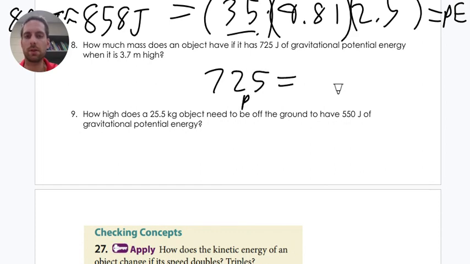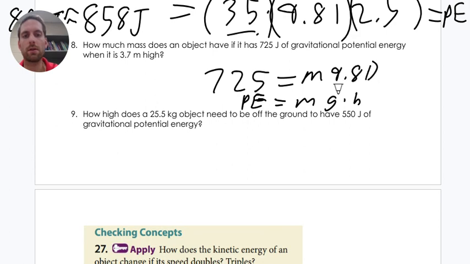So potential energy equals mass times the acceleration due to gravity times the height. We don't know the mass. We do know acceleration due to gravity. And we know the height, 3.7. And from here we can find the mass by just putting those numbers on the other side.